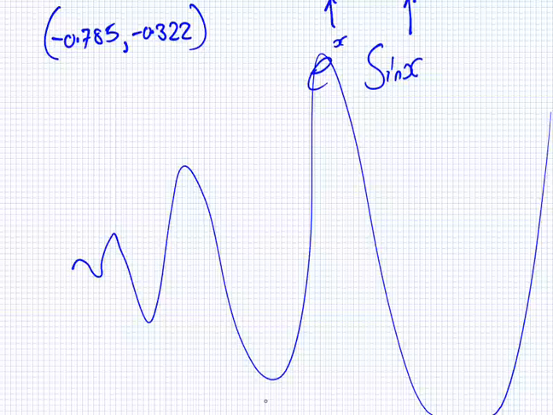Sine of minus pi over 4 is root 2 over 2. Convert that into decimal and write it down. It's minus 0.707. Right, write that down. Minus 0.707. Okay, now type in what I wrote down.